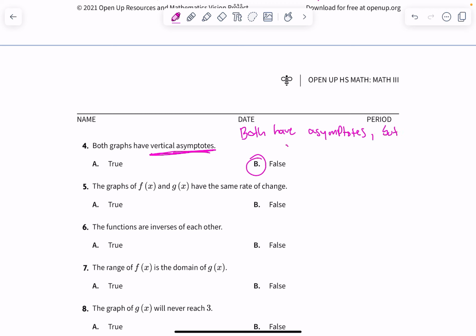But f of x equals 10 to the x has a horizontal asymptote, and then g of x is equal to log of x has a vertical asymptote. Okay.